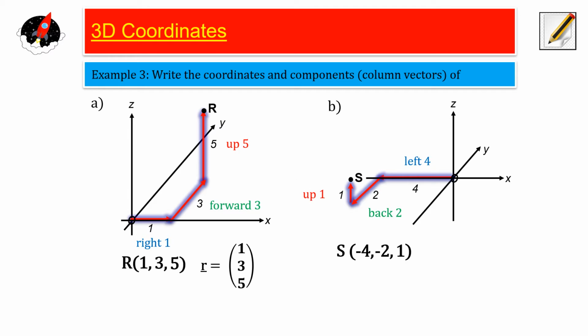And then we're going 1 up, so that's the positive direction, so that would be positive 1 for the z component. So this gives us a coordinate of negative 4, negative 2, 1. Similarly, the corresponding column vector would be lowercase s underlined, -4, -2, 1, but written vertically.